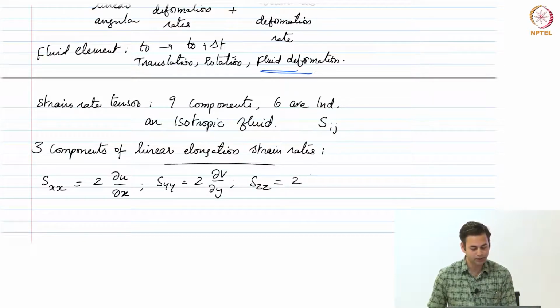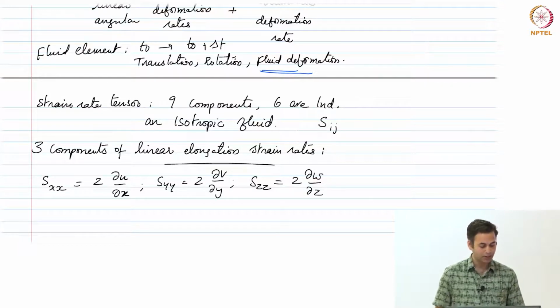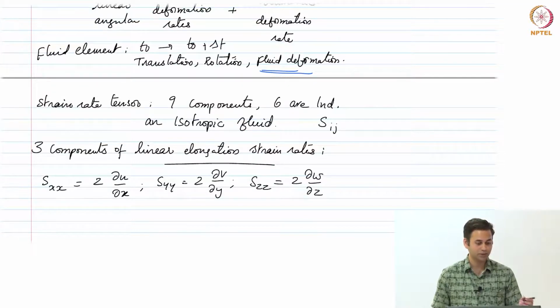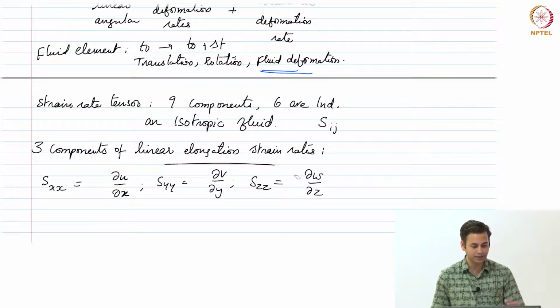Szz equals 2 times partial w partial z, okay. Would there be a 2 here? No 2, right? It's just partial u partial x, partial v partial y, partial w partial z, that is for the linear elongation strain rates.